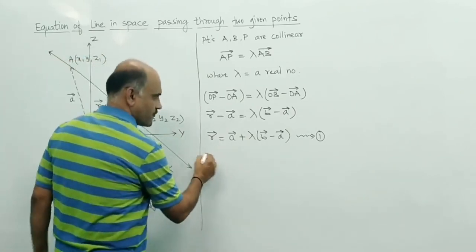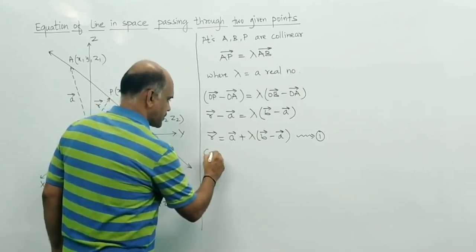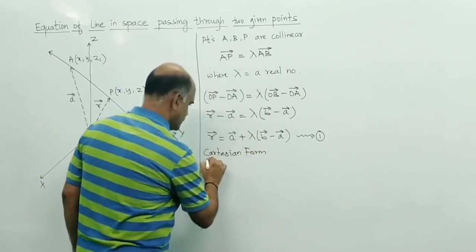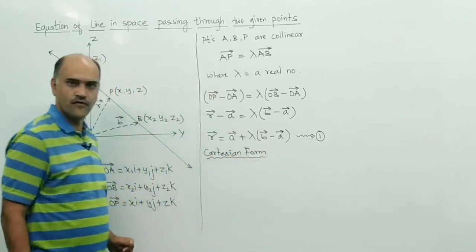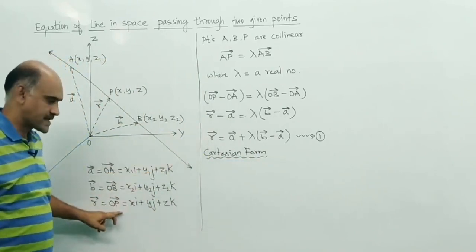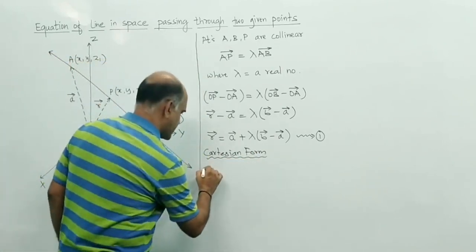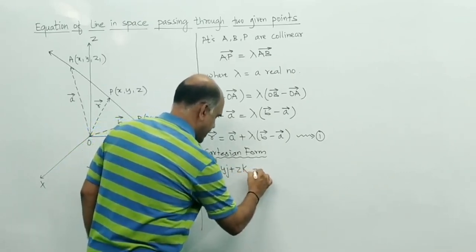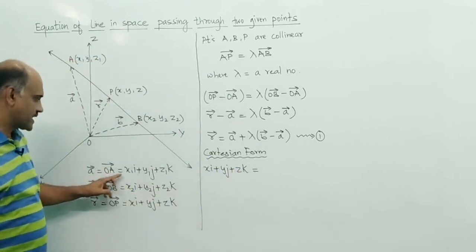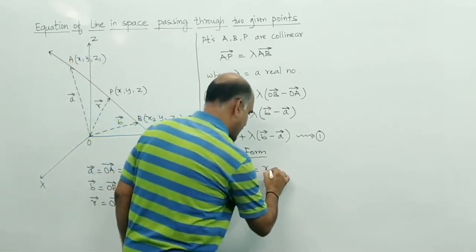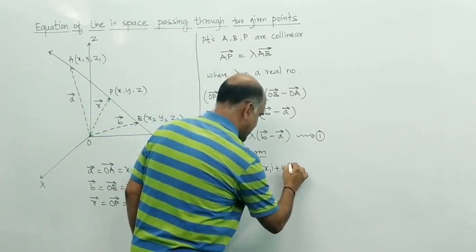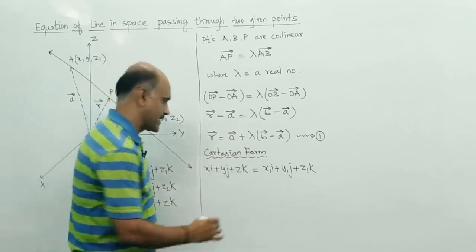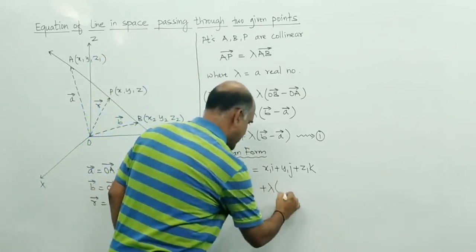So R I will take as x i plus y j plus z k, is equal to vector A, which is x1 i plus y1 j plus z1 k, plus lambda times (B minus A).